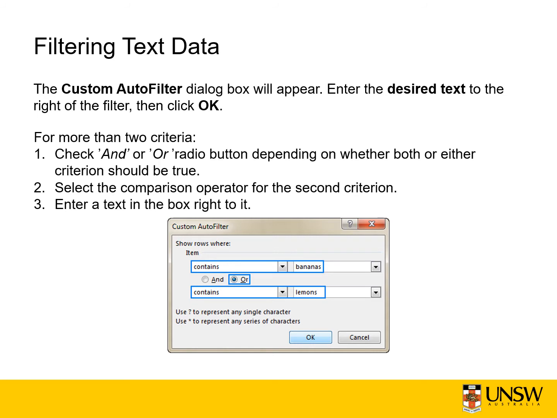If you want to filter with two text criteria, check the AND or OR radio button depending on whether both or either criterion should be true. Then select the comparison operator for the second criterion and enter a text value in the box to the right of it. For example, here we filtered the rows that contain either bananas or lemons.